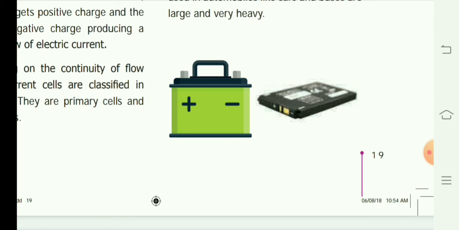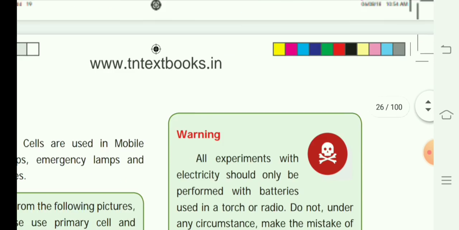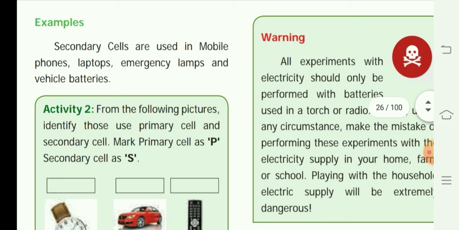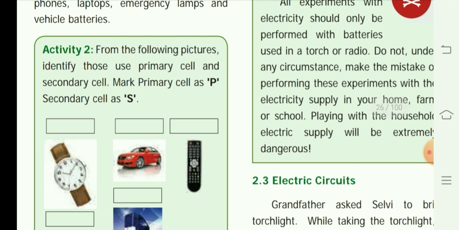They can be recharged many times. Examples of secondary cells: mobile phones, laptops, emergency lamps and vehicle batteries.